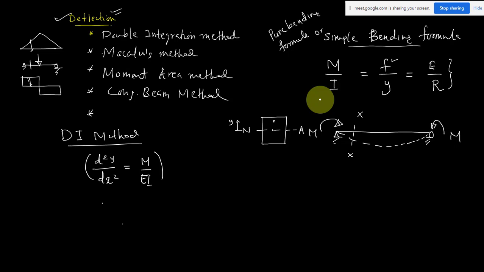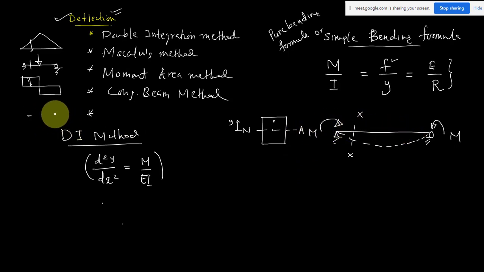Whatever the shear force may be, we are neglecting the deflection due to shear force, or the stress due to shear force. We are finding only the bending stress purely. So in this equation, we have a pure bending condition, and this is an example of a pure bending condition.